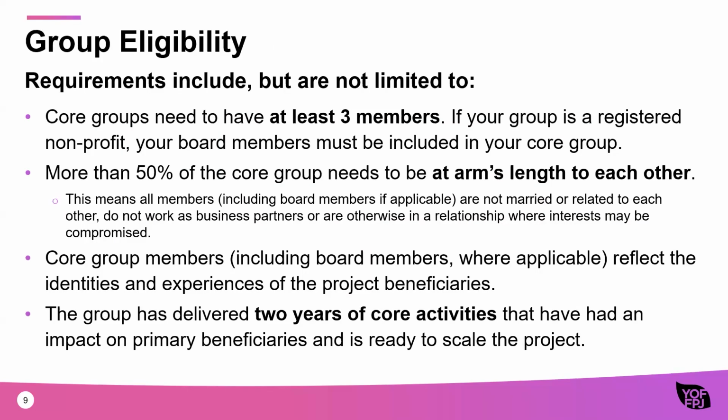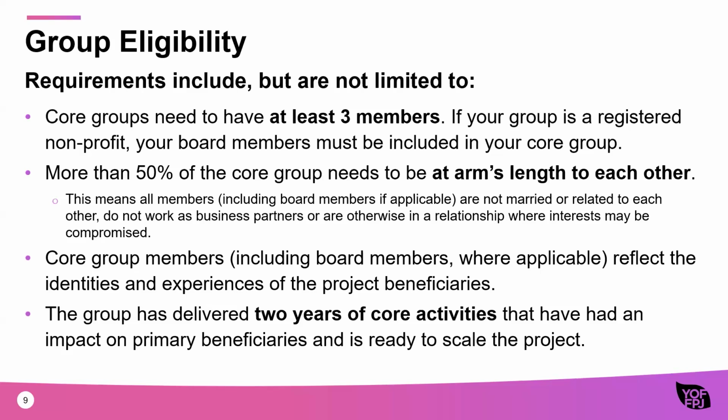Now let's take a closer look at the first set of requirements, which is around eligibility of core groups and their members. A core group is a term you will see throughout the application process. Let's take a moment to explain how the YOF defines a core group.